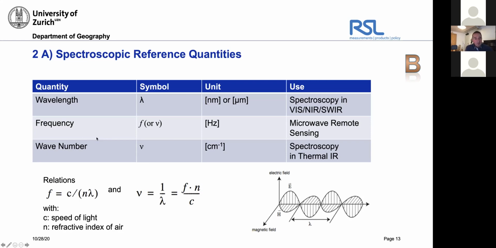And the last reference, you can use the wave number. This reference is used in spectroscopy. Wave number being 1 over the wavelength. That's 1 over lambda, written down here. This nu is the wave number, not the frequency. By accident, they use the same symbol, which is again confusing.